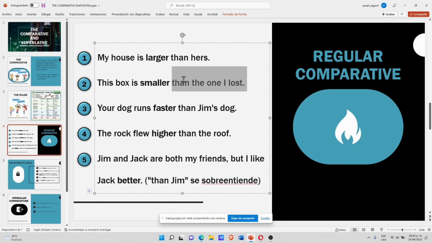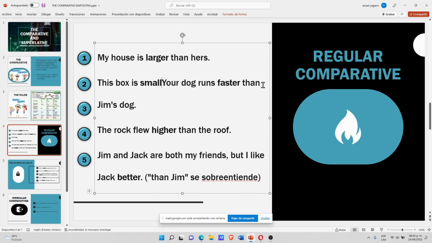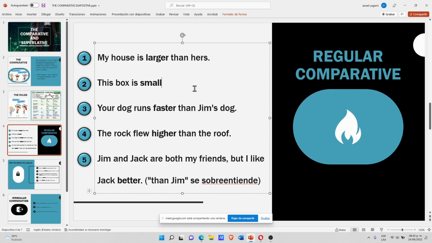This is comparative and superlative. And add the. Yeah? This box is the smallest. It's the smallest. In this case, okay.